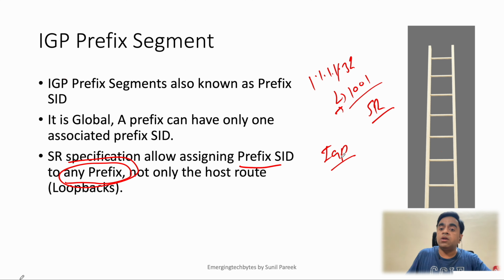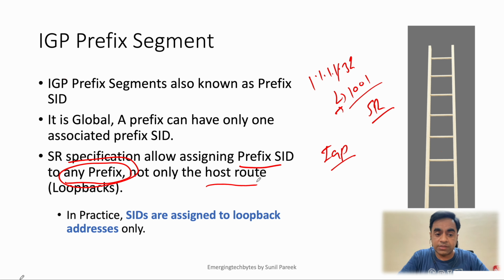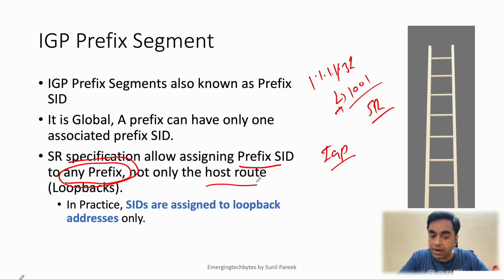That means you should not be allocating the prefix SID to each and every prefix. As a best practice, you can do that just with the loopback prefixes. So in practice, the SIDs are assigned only to the loopback addresses.